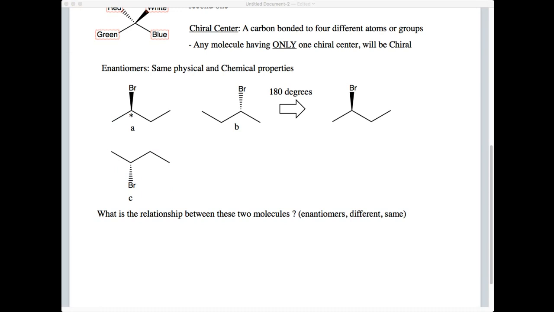I want you guys to let me know what's the relationship between B and C. So what is the relationship between molecules B and C?